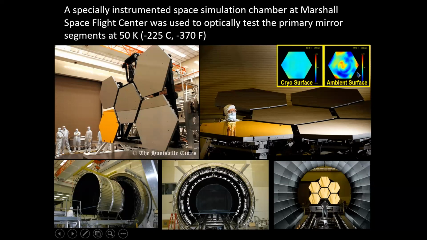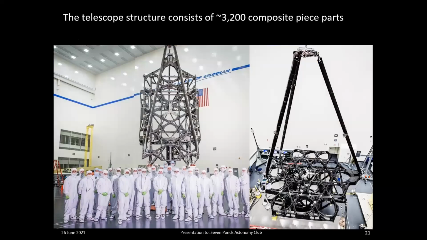And what is shown here in the upper right is actual data. This is the ambient surface figure of one of the mirror segments and how that figure changes when we cool it to the operating temperature. So this was a very lengthy process, but all this work is behind us now and was all done successfully.